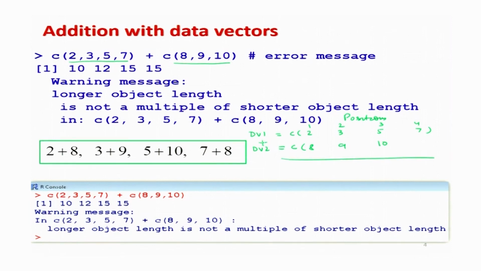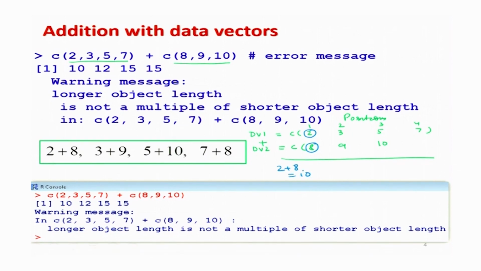The same rule that we have discussed is going to be followed. The control will come to the first position in the first data vector and the first position in the second data vector, and these two values are added, 2 plus 8, which is equal to 10.